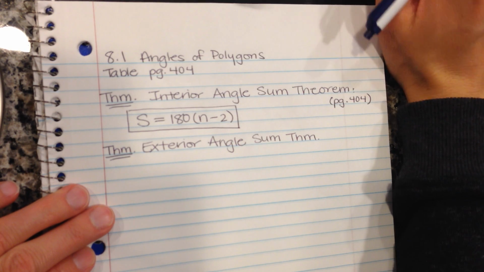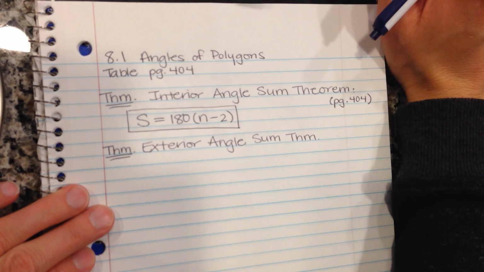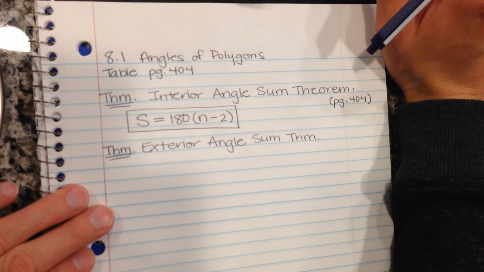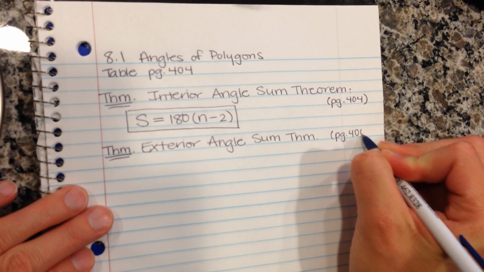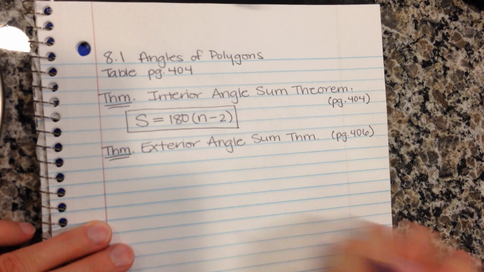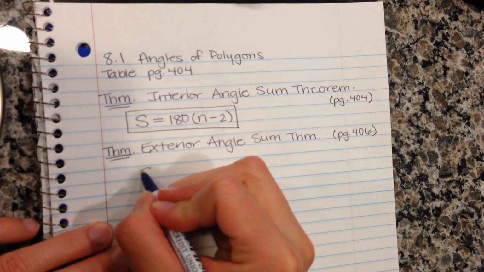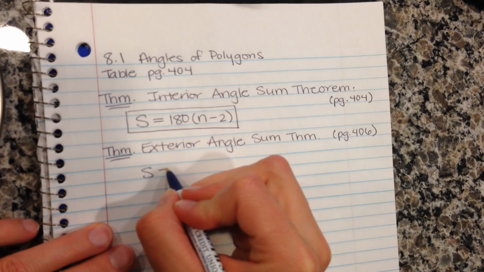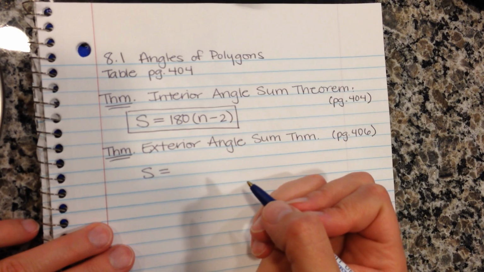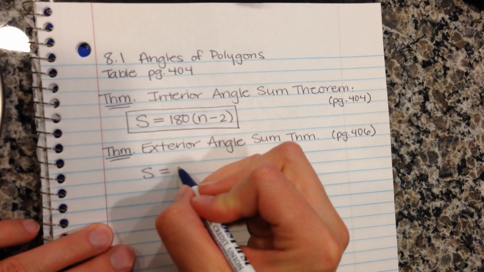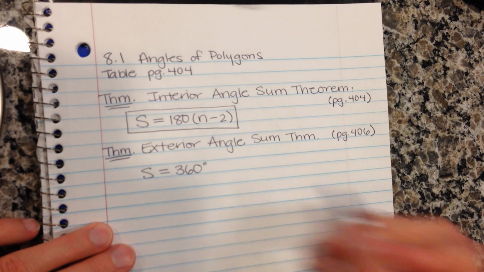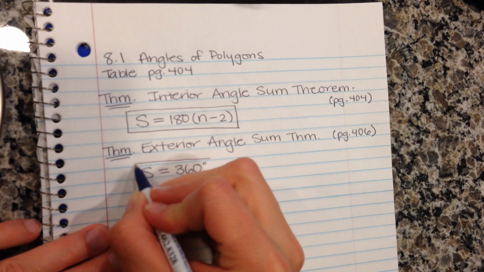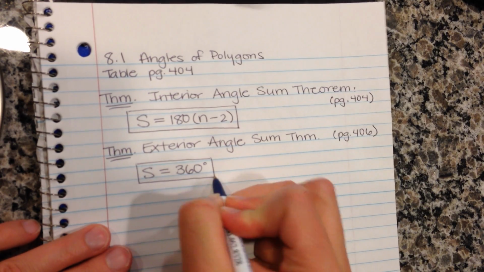And this one can be found on page 406 if you wanted to see that in your book. And this is saying that the sum of the exterior angles is simply 360 degrees.